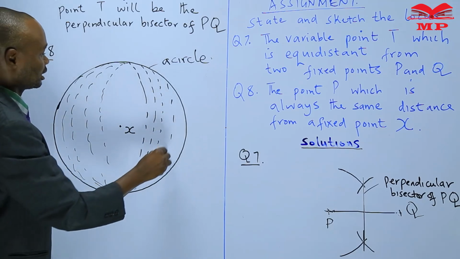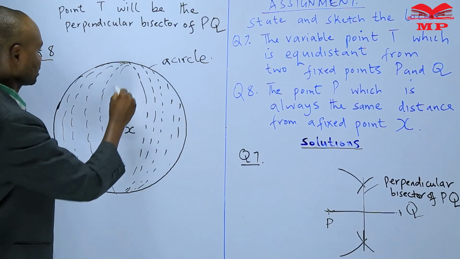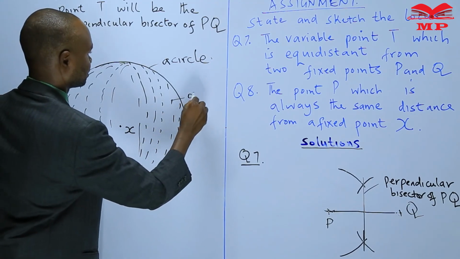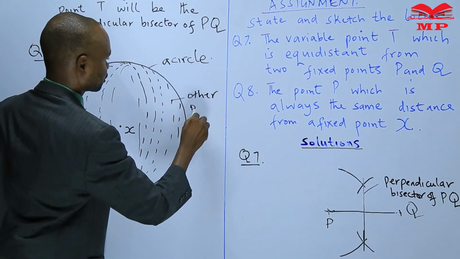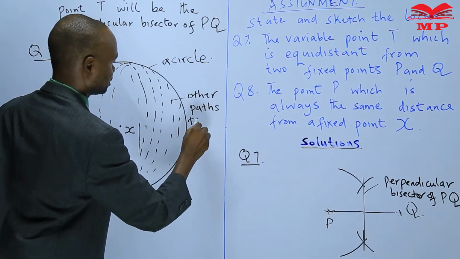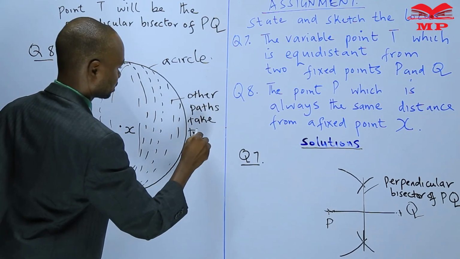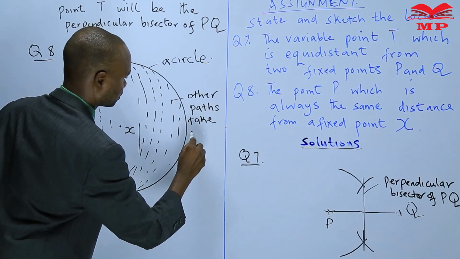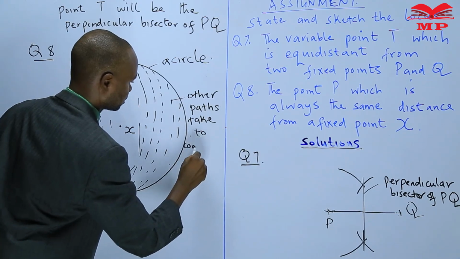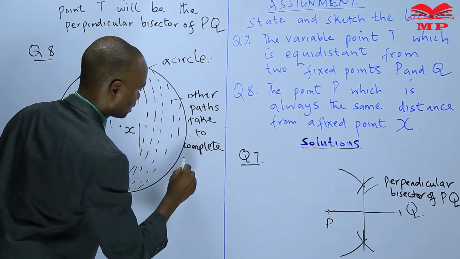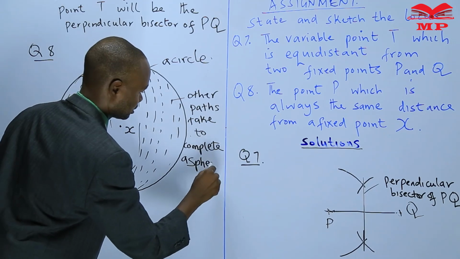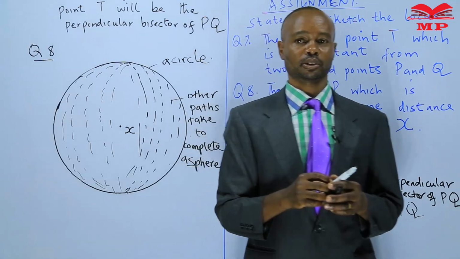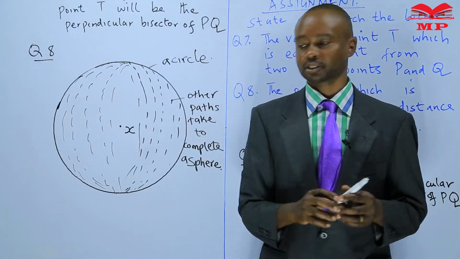So I can write here other paths taken to complete a sphere. Don't wonder what a sphere is. A sphere is like a ball, round in shape, an orange.